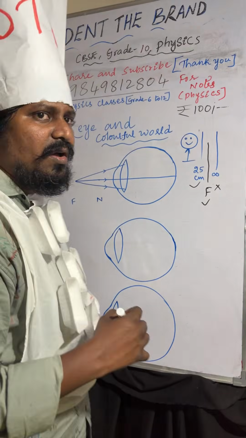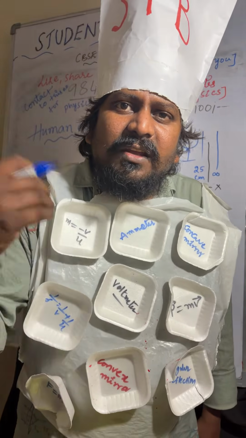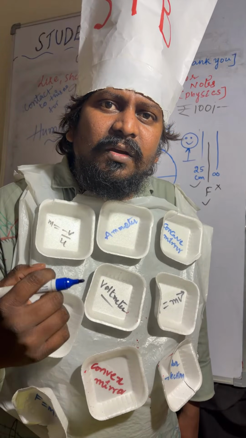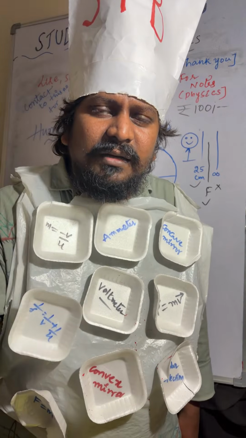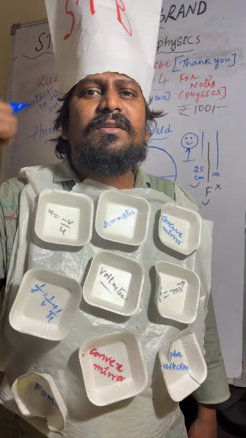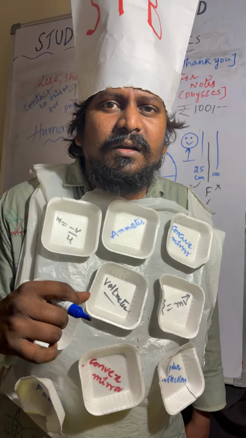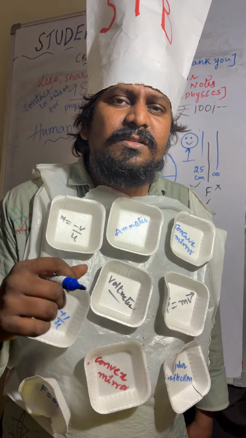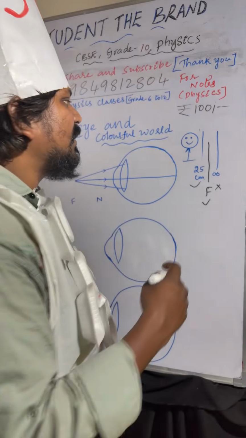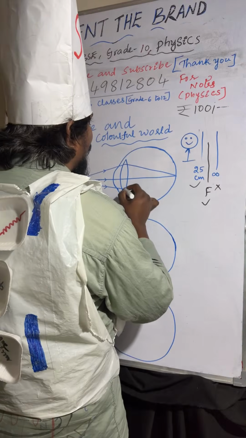After refraction, where will those light rays meet? At the retina. Why? Because we can see that point. So if you are able to see that point, then those light rays will meet at the retina. Just check once: these light rays are meeting at the retina.